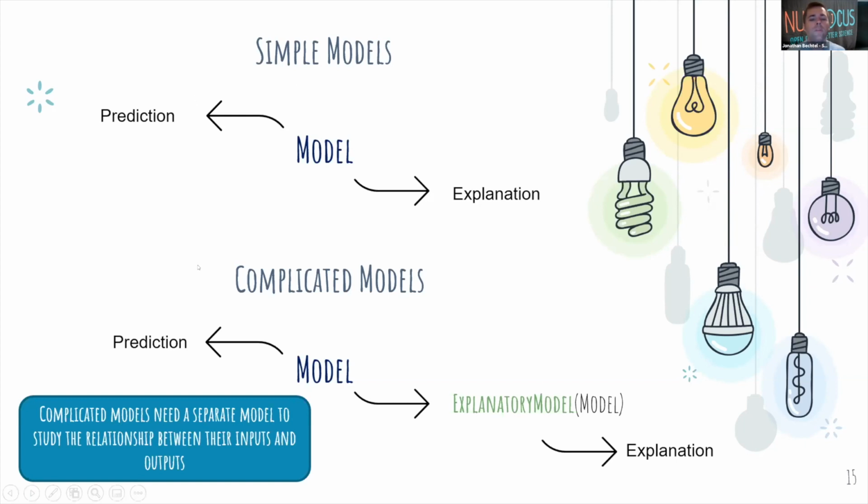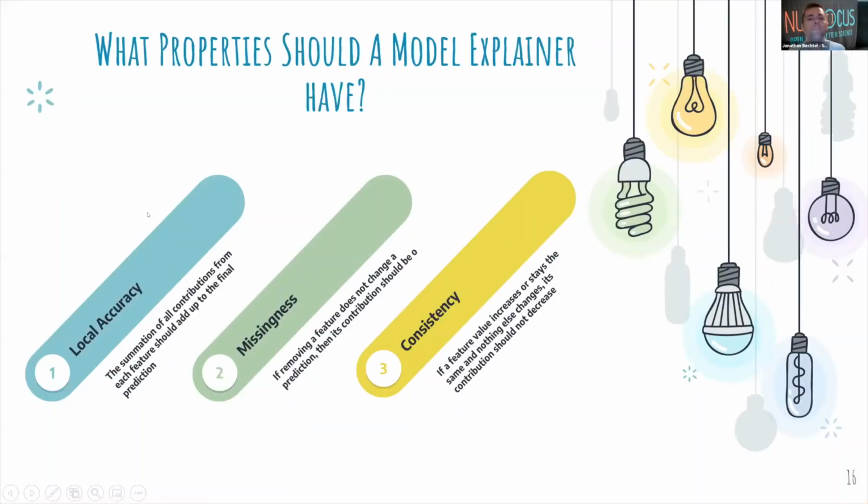So once you're done with something like a random forest or a neural network, you need to apply an additional technique to make sure you can understand how different values are contributing to the output. It's a little bit difficult maybe to wrap your head around, the model for the model, to make sure you understand what's happening with it. But if you actually want explainable ML, this is basically what you have to do.